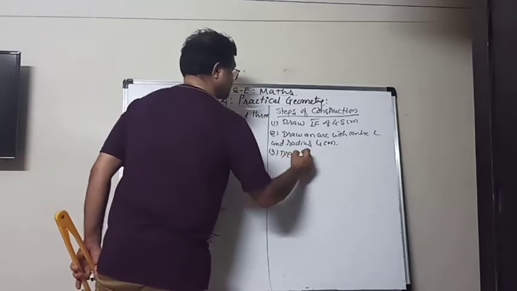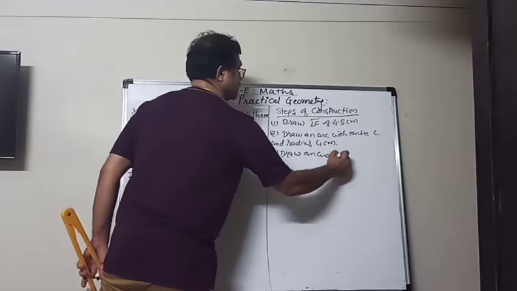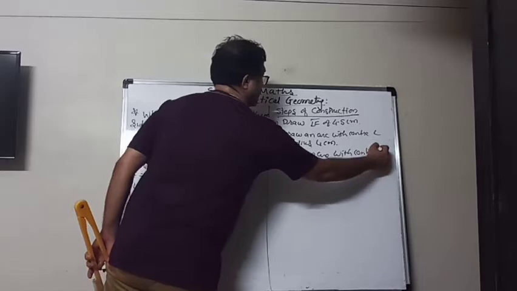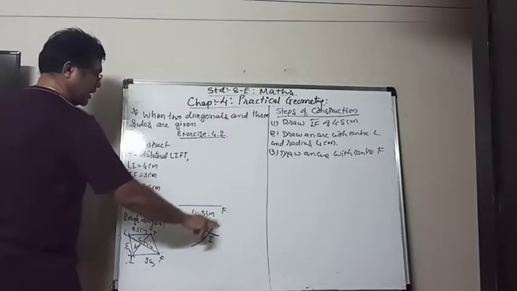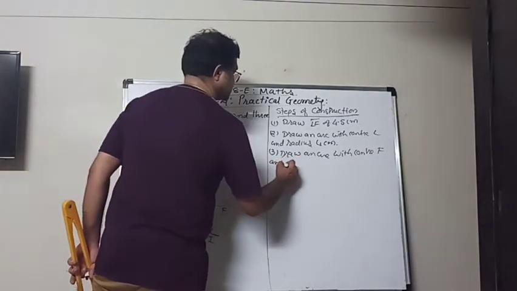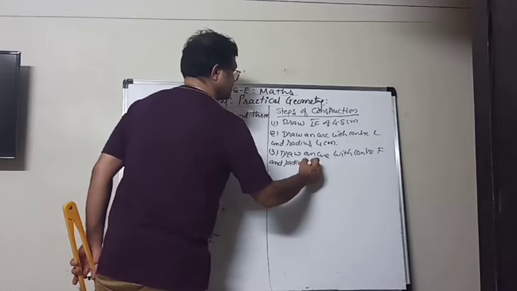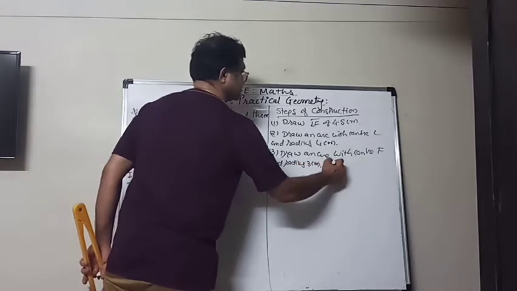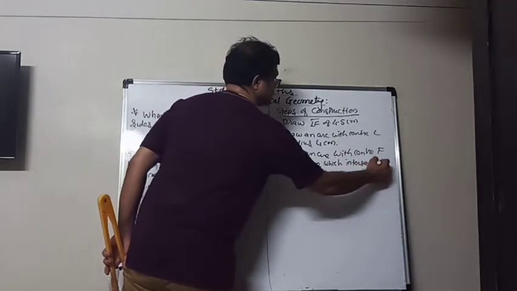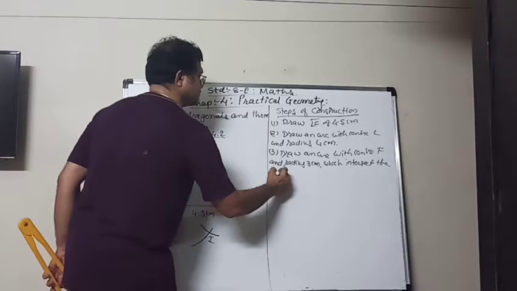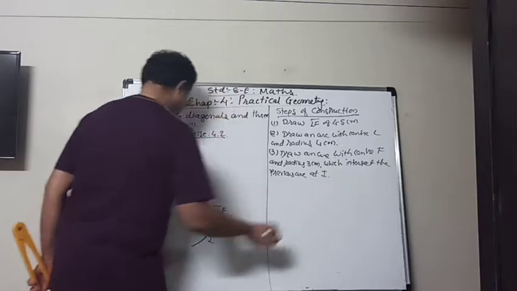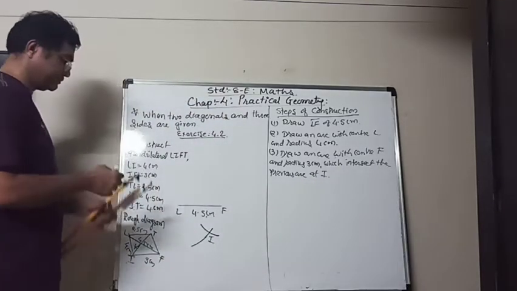Then we draw an arc with center F. And how much radius was that from F? 3 centimeter, which intersects the previous arc at I. So here we got I.